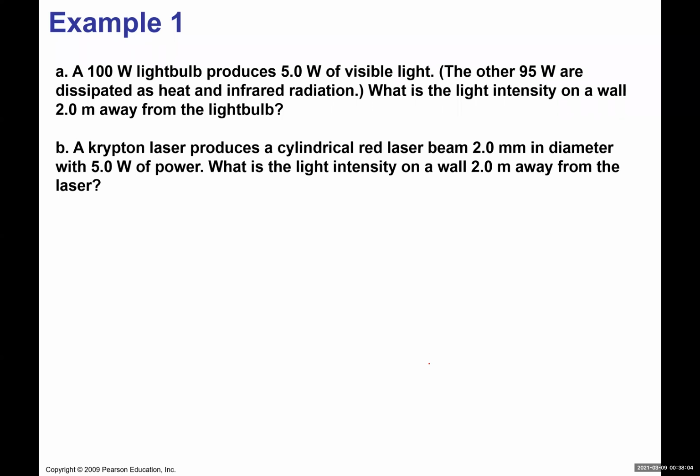So what is the light intensity on a wall 2 meters away from the light bulb? Assuming that light, just like sound, propagates in 3 dimensions, intensity is equal to power per square area. Power is the effective power that we have, which is 5 watts, over the area.